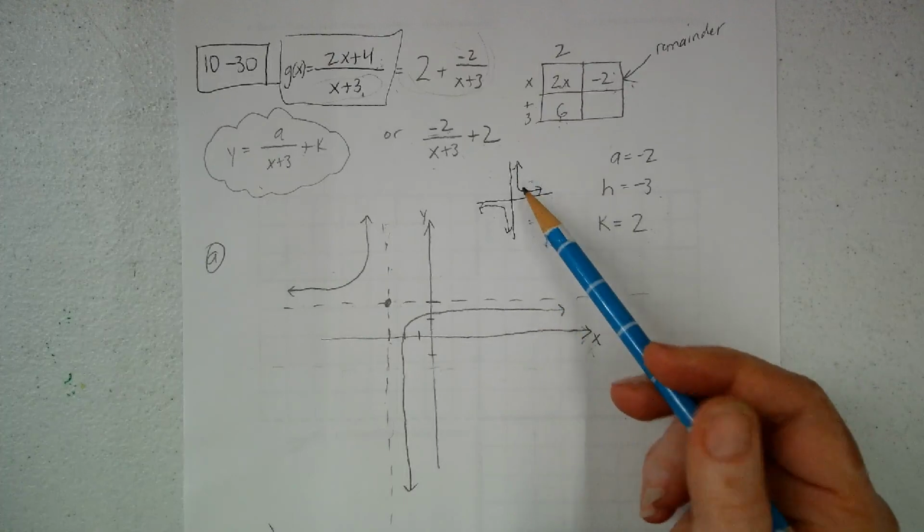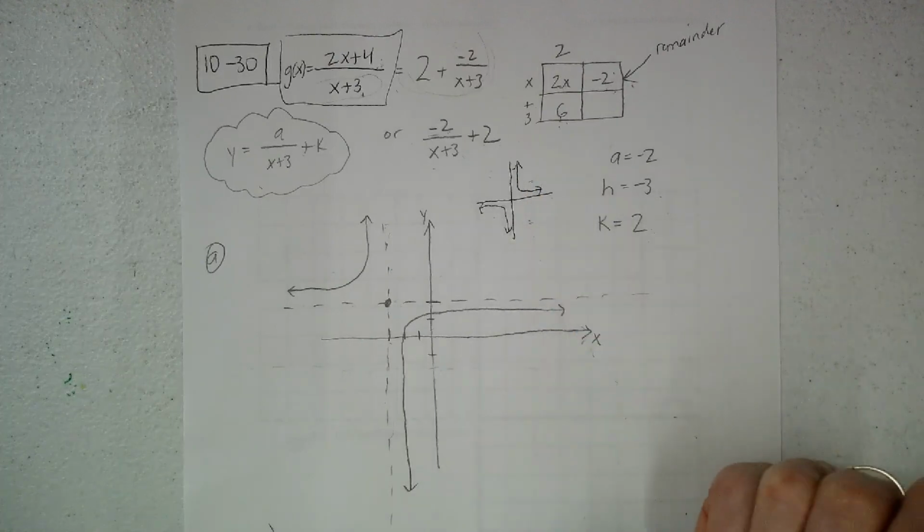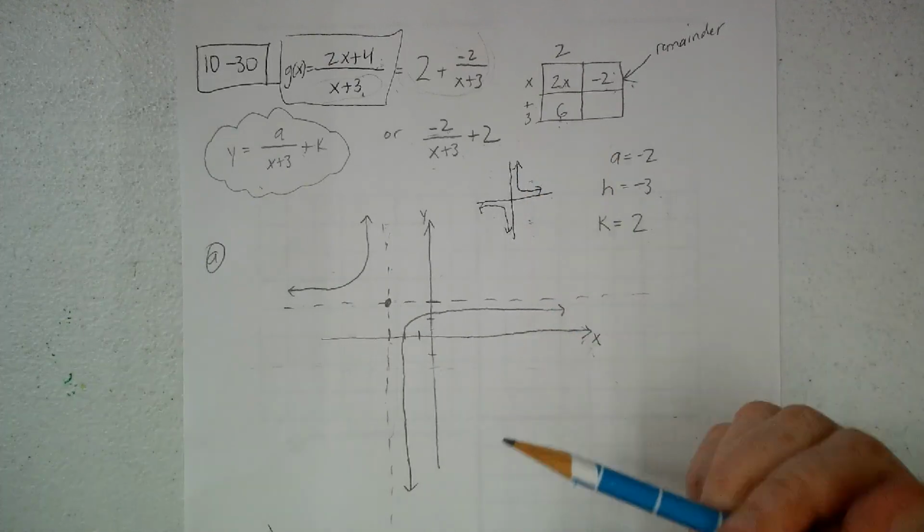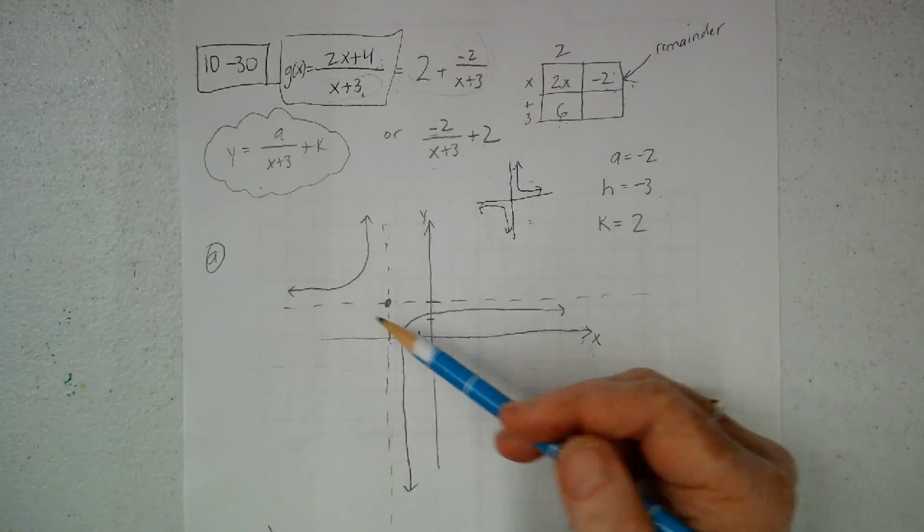Just like a parabola, if it's -x squared, it flips over the x-axis.